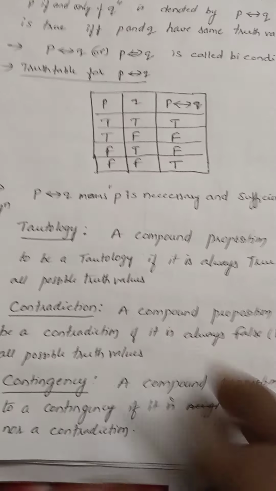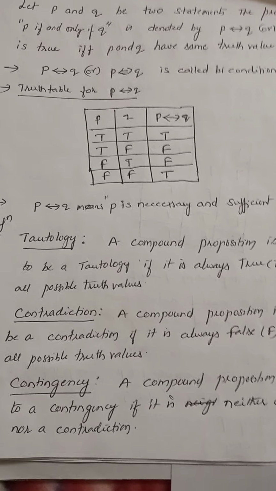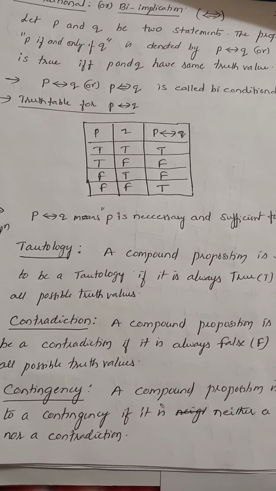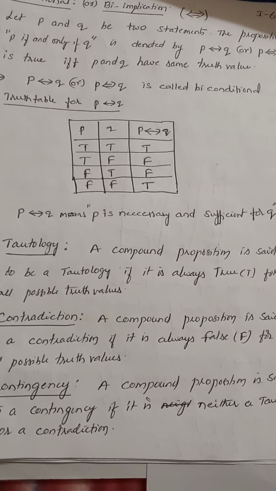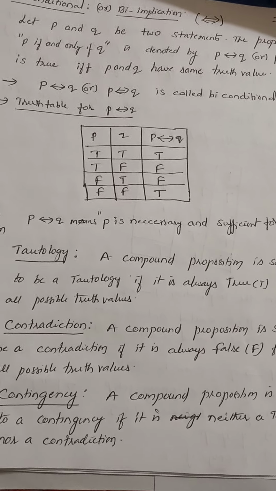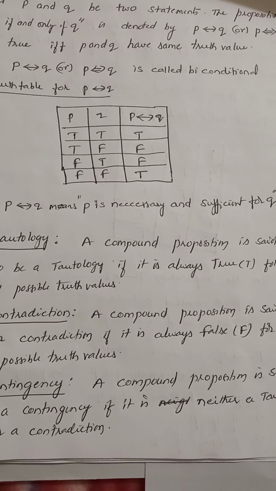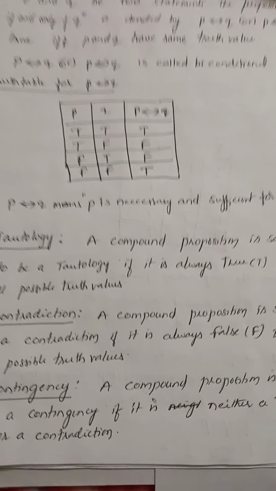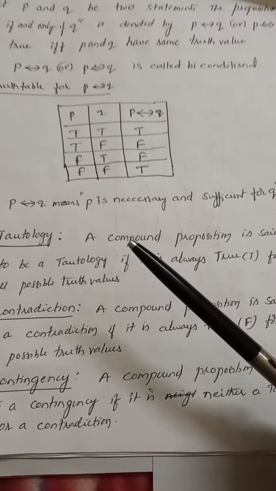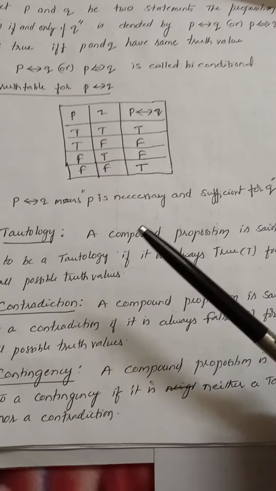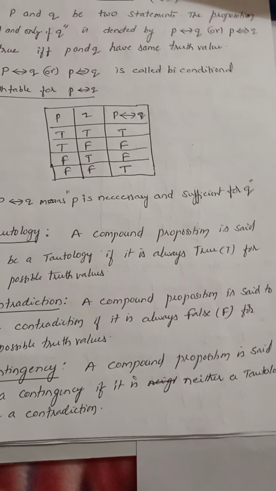Now next one, definitions. Tautology. What do you mean by a compound statement? Combining two or more simple sentences or statements is called a compound statement. A compound proposition is said to be a tautology if it is true for all possible truth values, right?